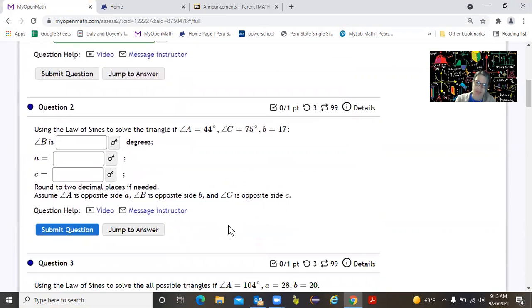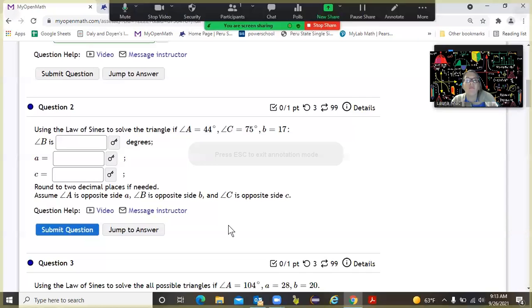It doesn't have to be to scale, but we can kind of try to make it to scale. How about, let's see, we need a 75-degree angle. That's just kind of shy of 90, maybe like that. And then we need a 44, which is just shy of halfway. So maybe it looks something like that, where this is my 75.